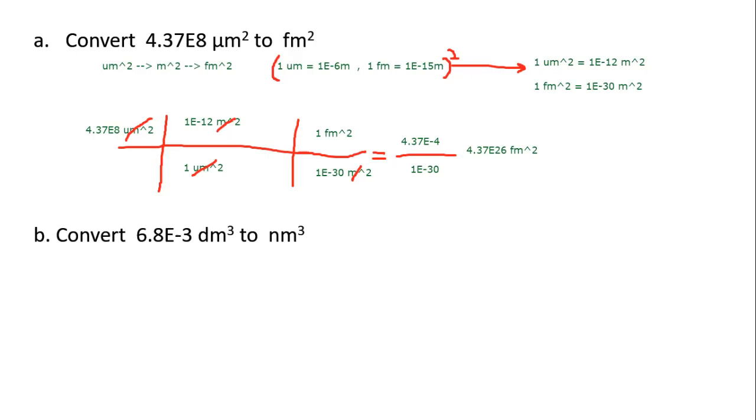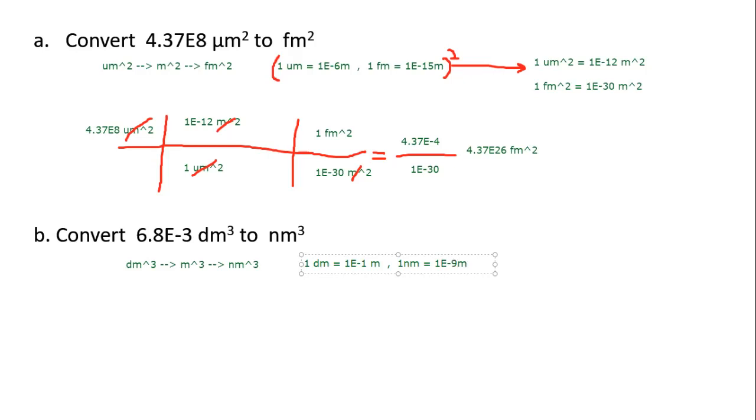And then lastly, we want to convert decimeters cubed to nanometers cubed. This will be the last one. So we have decimeters cubed. We're going to convert it to meters cubed to nanometers cubed. And so we know that 1 decimeter is 1 e to the negative 1 meters, and 1 nanometer is 1 e to the negative 9 meters.